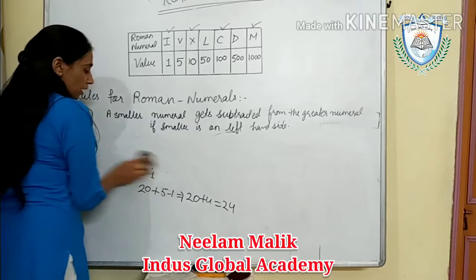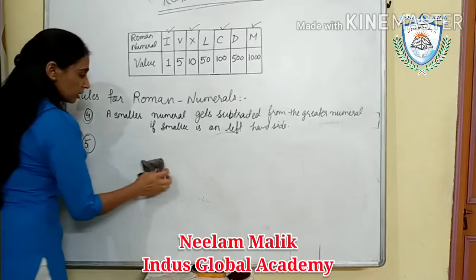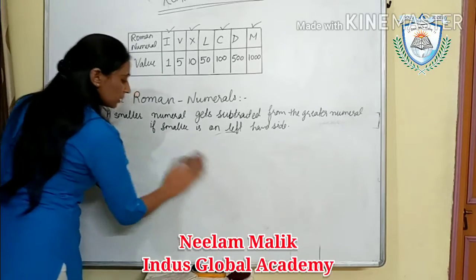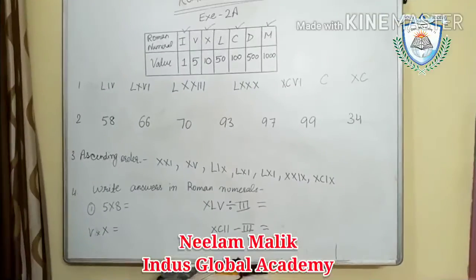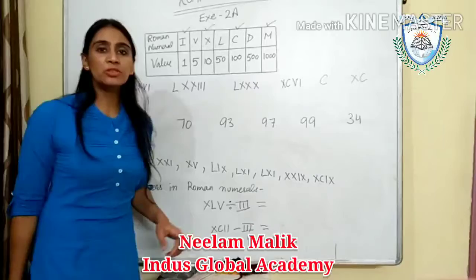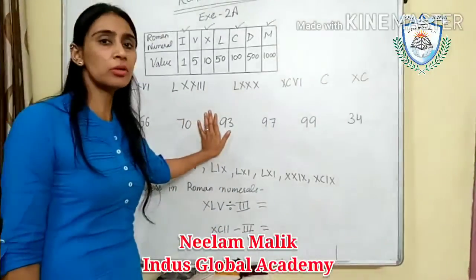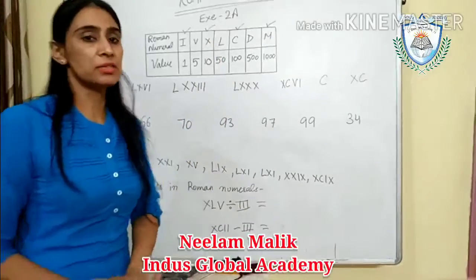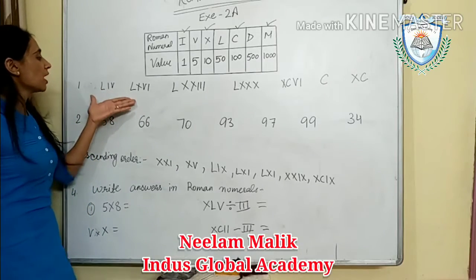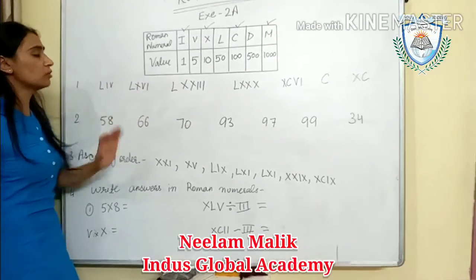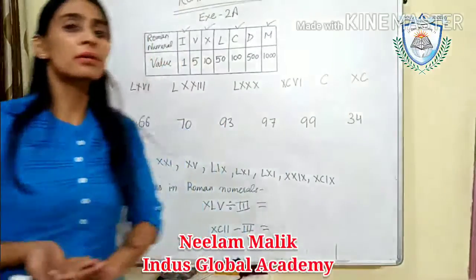After this we will write some numbers and convert them into Roman numerals. Now we will do some problems related to your exercise. There is only one exercise in your book related to Roman numerals. First, some numbers are given and we have to write their values, or we can say we have to write them in Hindu-Arabic numerals.